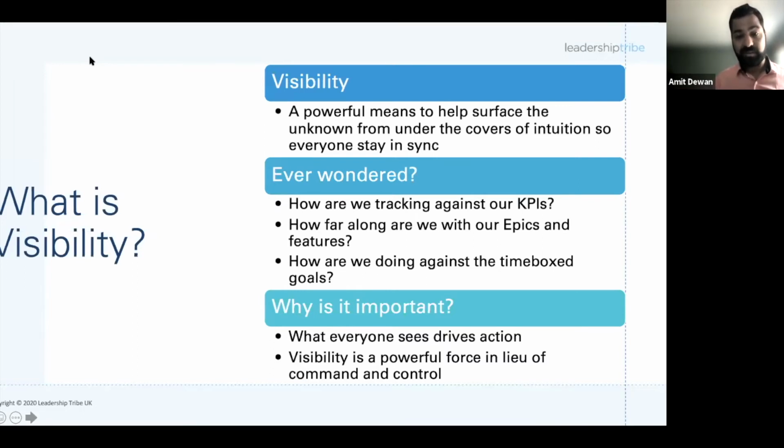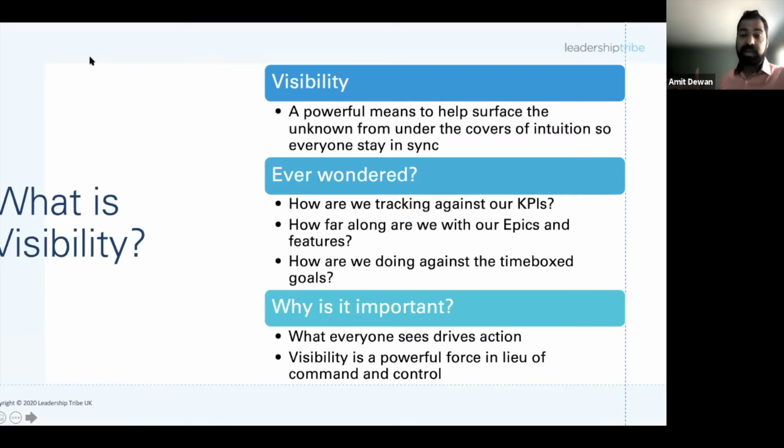How do we see that? How are we doing against the time box goals? If you're doing a SAFe implementation or big room planning, and you have quarterly goals, do we know if our quarterly goals are on track or not? And if not, then some fixing needs to be done.